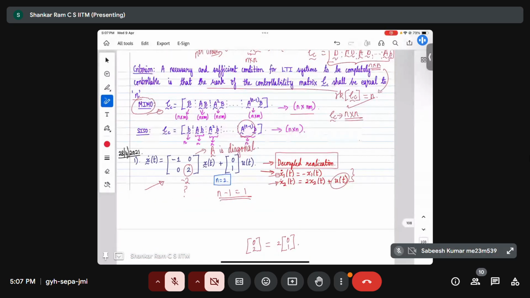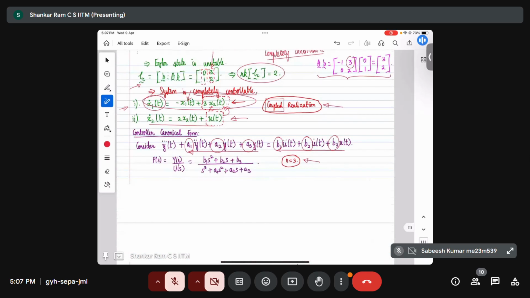So this is what we learned as the controllability matrix, and it's an n by n matrix for a single input, single output system. When we have n equal to 2, a second order system, this controllability matrix just comes out to be B and AB, right? Because n minus 1 is 1, so we only go till A power 1. So we only go till AB. Okay, so that's what we have.